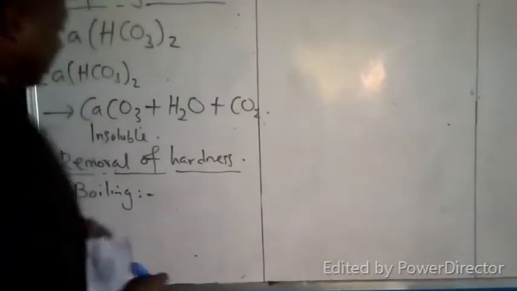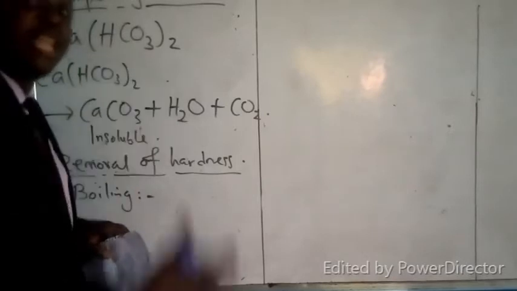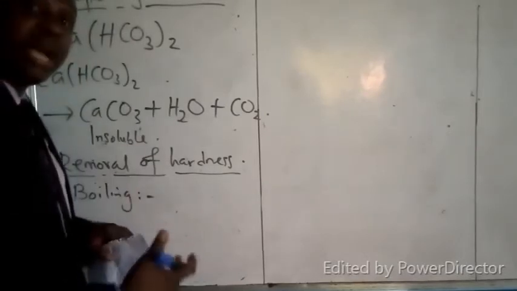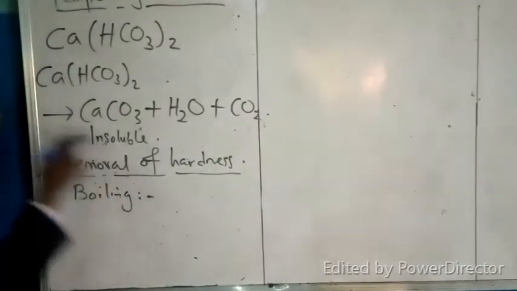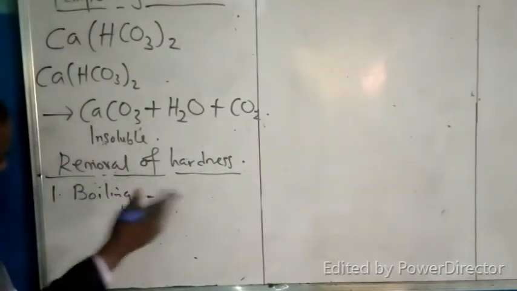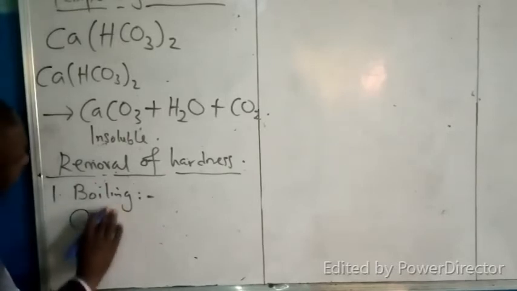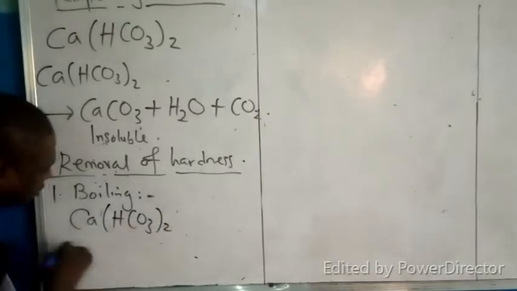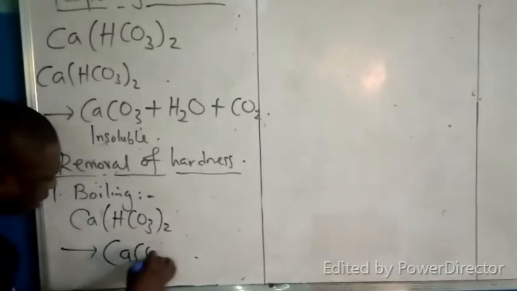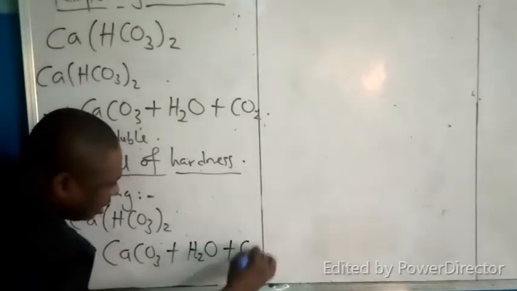But however, this method is not economical because it means that you have to boil a large quantity of water to be able to use it in the nearest future. Now, I've explained that earlier, so that is going to give us the same solution we have up there to give you calcium trioxocarbonate 4, and you have that and this.